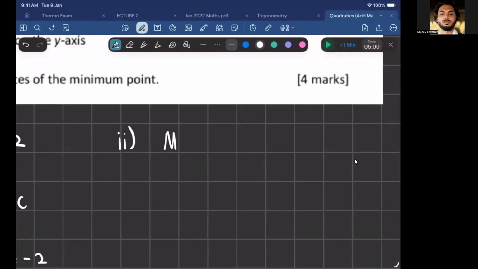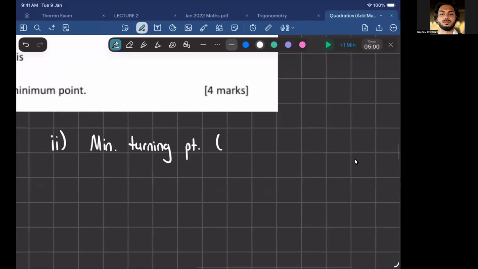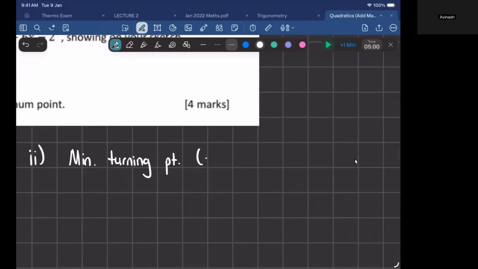So we'll have a minimum turning point. And our minimum turning point would be given by what, Avinash? Do you remember what the minimum turning point would be given by? Negative h, comma k.